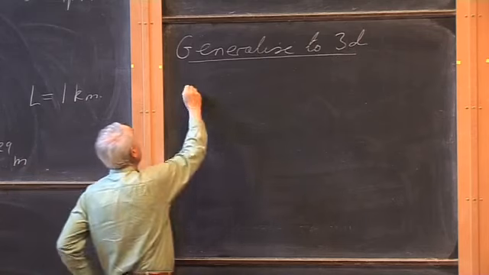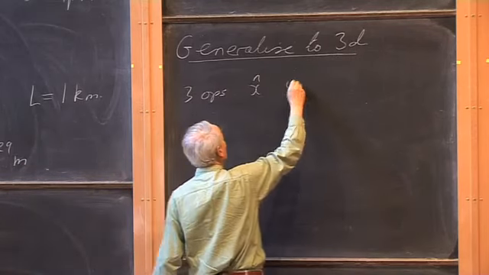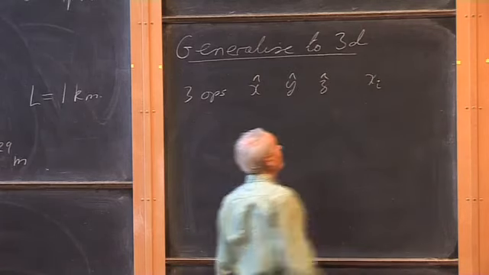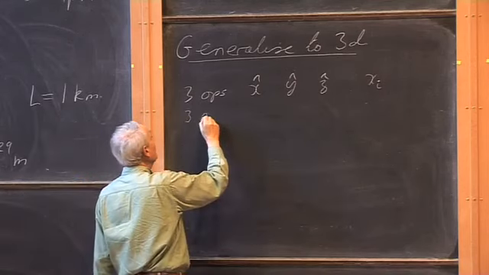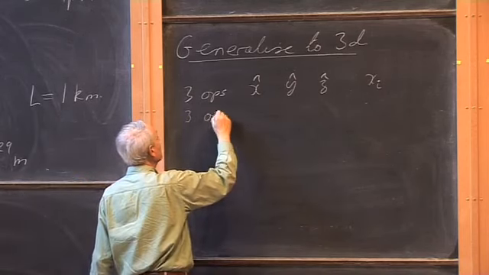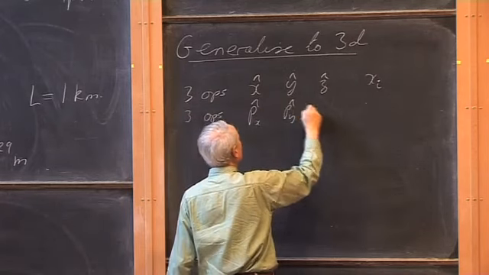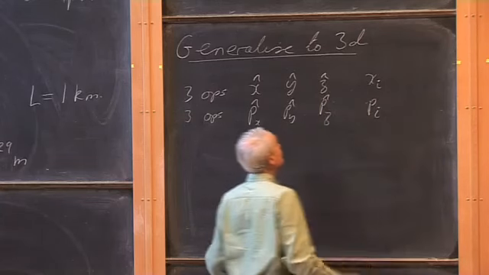We now have 3 position operators, x, y, and z, also known as x_i, and we have, of course, 3 more momentum operators, p_x, p_y, and p_z, also known as p_i.